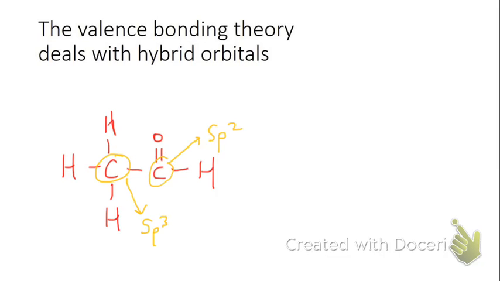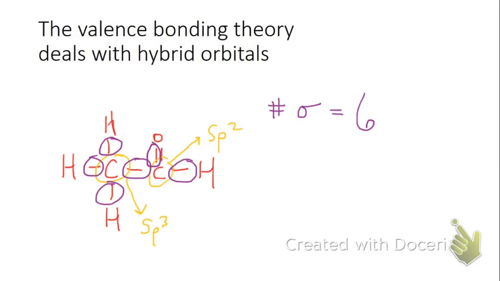So, what's another question I could ask you? Let's use purple for this. So, I want to ask you the number of sigma bonds. So, we have 1, 2, 3, 4, 5. Now, we have to remember one of these double bonds is actually a sigma bond. So there's 6 total sigma bonds.